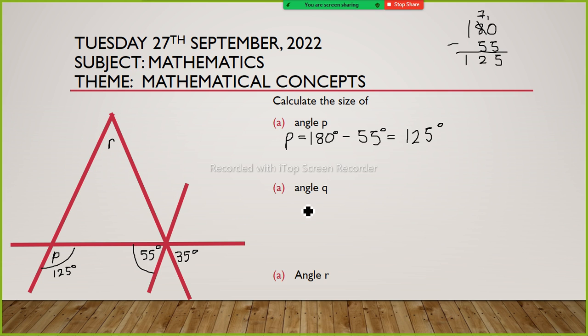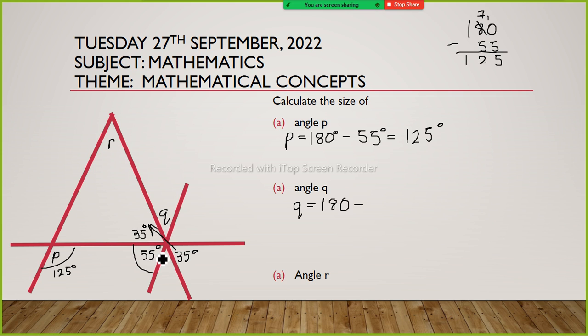All right, so P is 125 degrees, and then we have angle Q. Where's Q? Q is here. So we know that Q is going to be equal to what? 180 degrees minus, we know that if this is 35, this right here must also be 35 because they're vertically opposite.